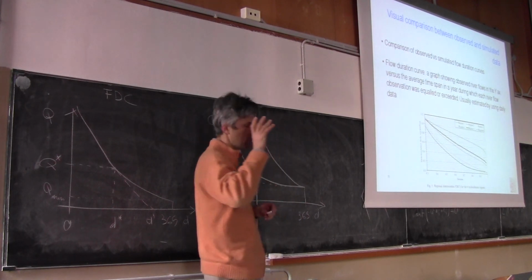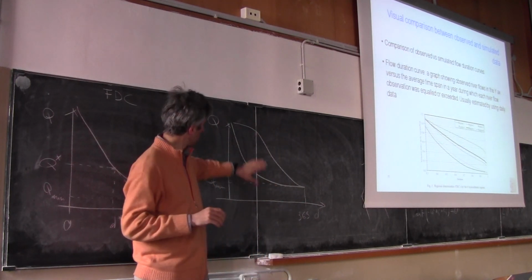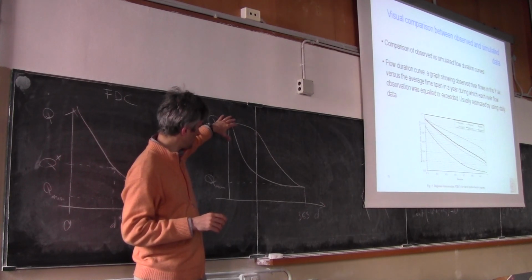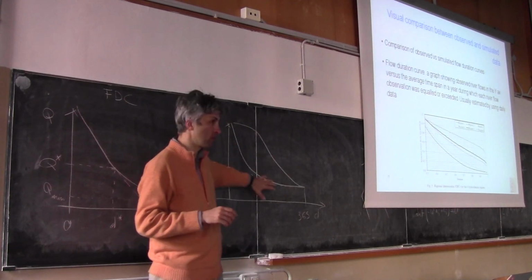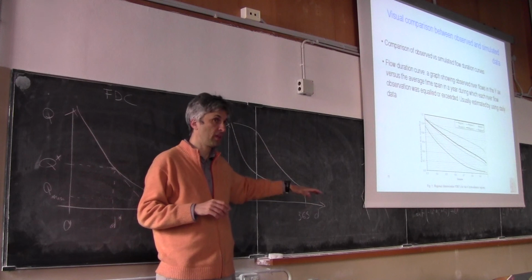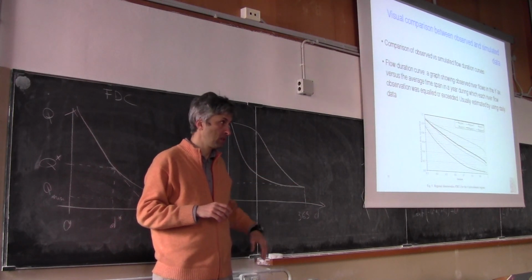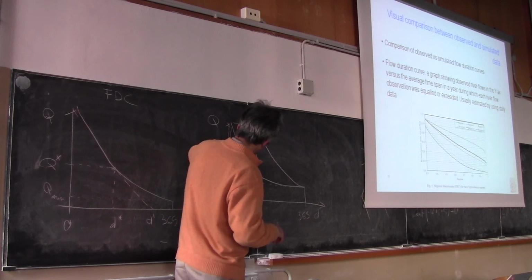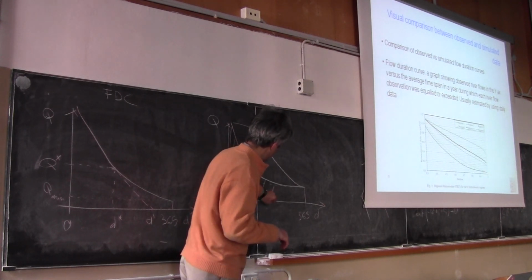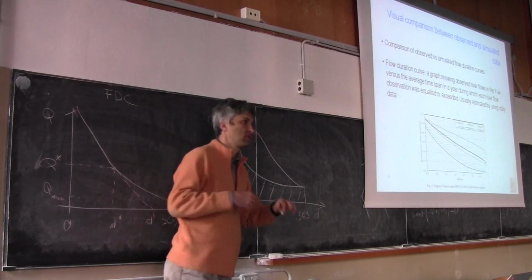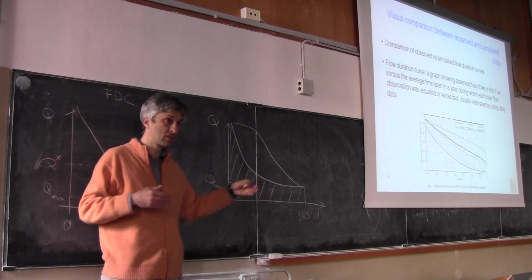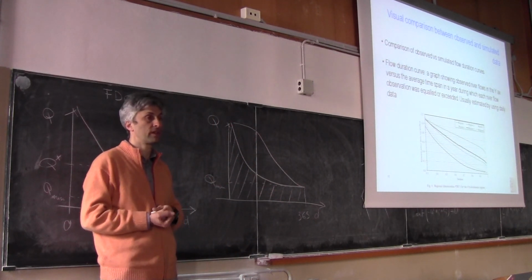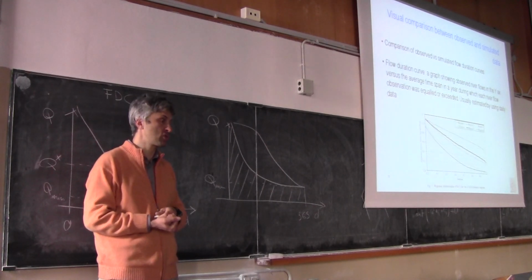Okay, another information I was forgetting. An important information: the area that is below the flow duration curve, so the integral of the flow duration curve, this area here, represents the volume of water that flows through the river cross-section on average during the year.